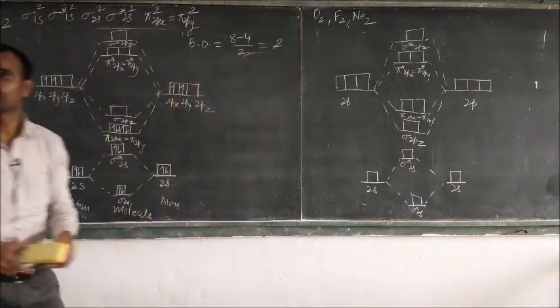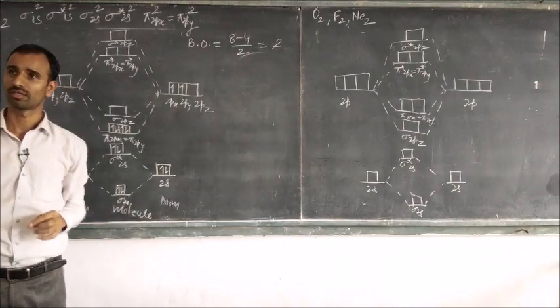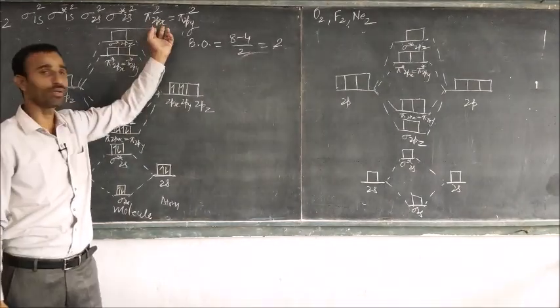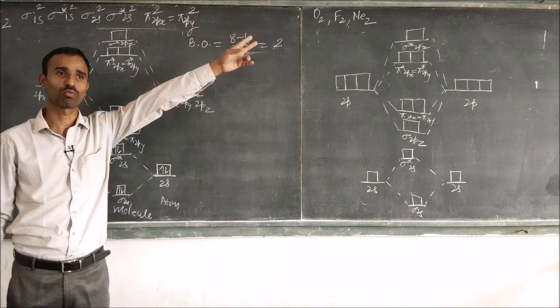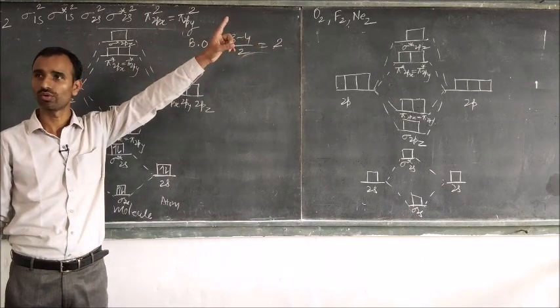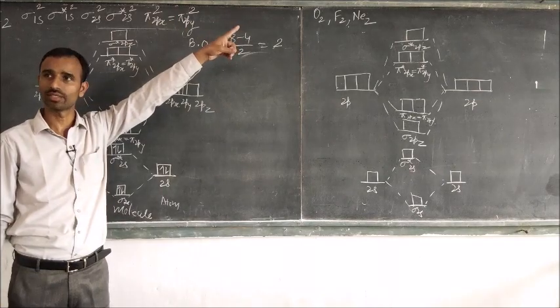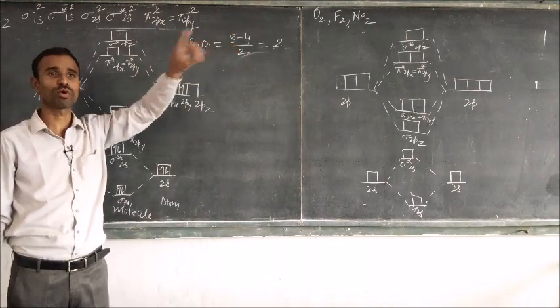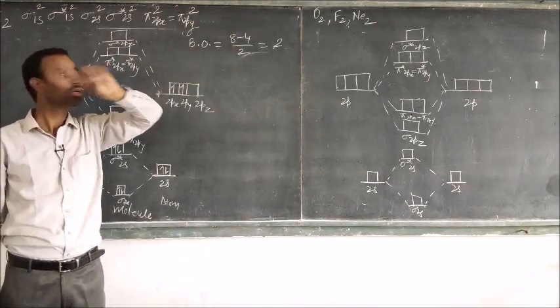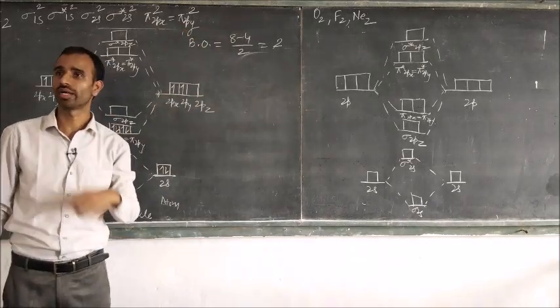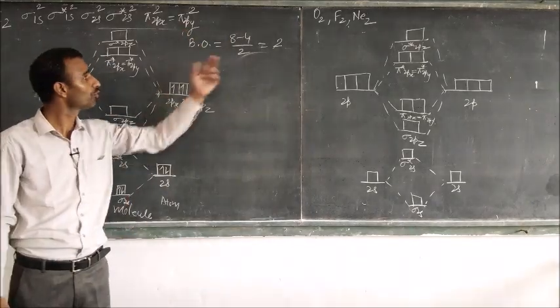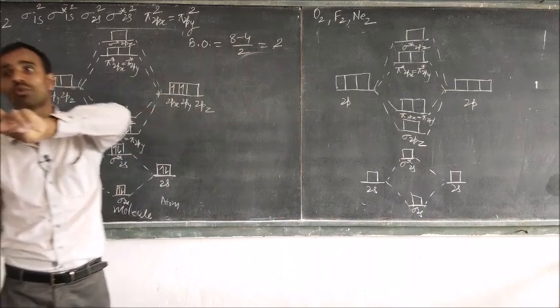Bond order is 2: pi 2px 2 minus pi star 2px 0, and pi 2py minus pi star 2py. So 2px forms one pi bond, 2py forms another pi bond. So the total bond order is 2, and both the bonds are pi bonds.